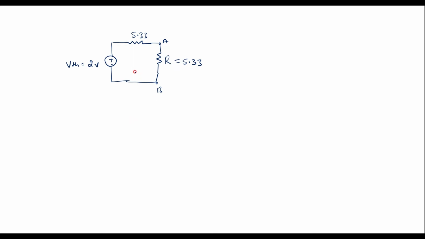So let's calculate the maximum power. Let the current through this be I, therefore 2 is equal to 5.33 plus 5.33 I, therefore I is equal to 2 divided by 5.33 plus 5.33, which is given by 0.1875.